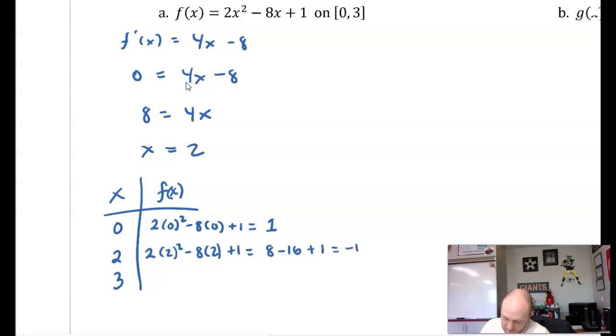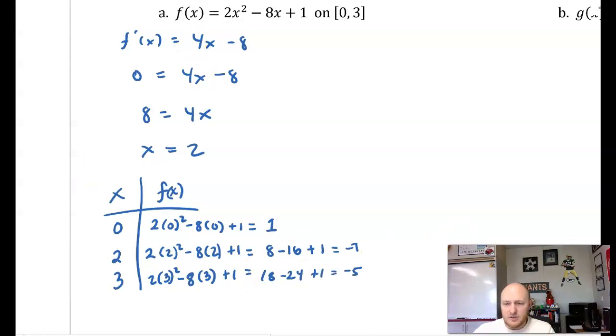So we have negative 7, I believe. And then the third one, 2 times 3 squared minus 8 times 3 plus 1. We're going to get 18 minus 24 plus 1, which is negative 5.